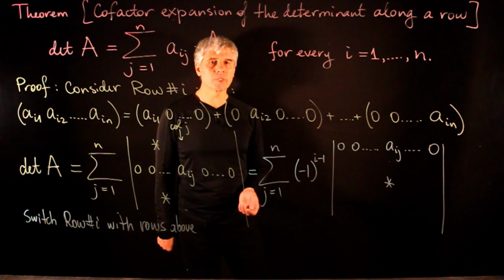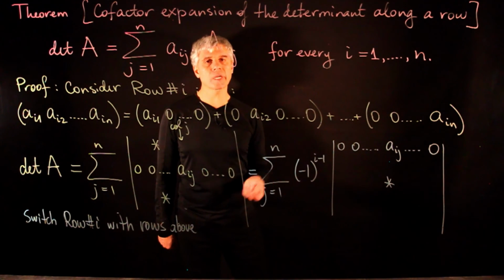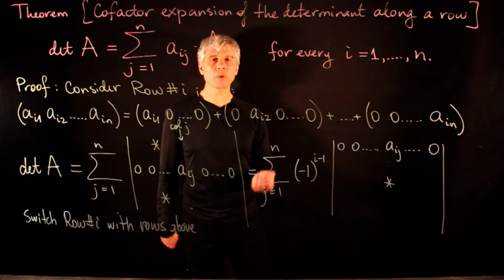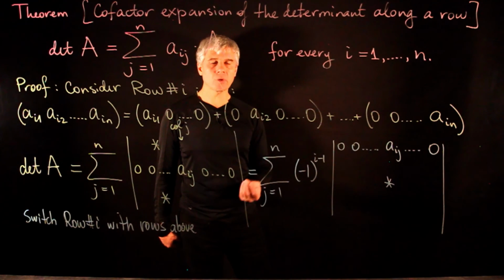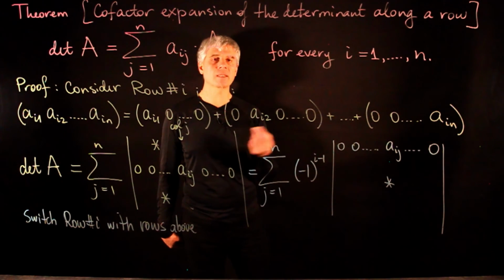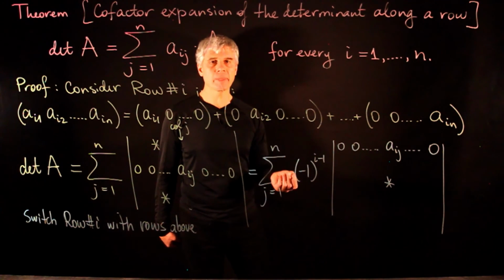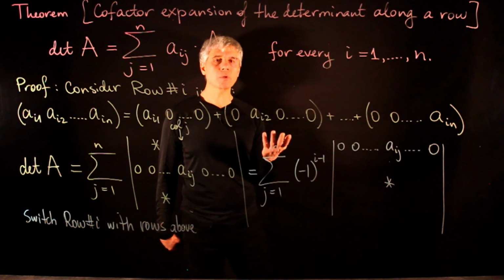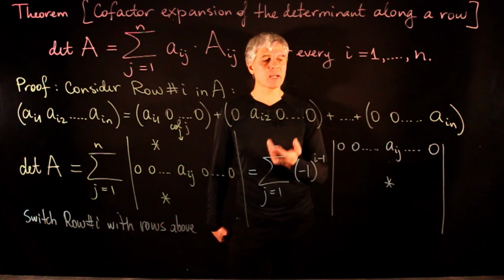Next, we point out that when we compute determinants, we can do not only elementary row operations, but elementary column operations. This is because the determinant of a matrix and its transpose are the same, and the elementary row operations on the matrix correspond to elementary column operations on the transpose.